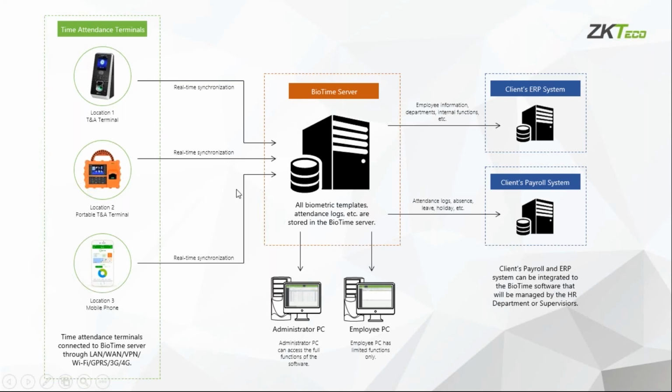We just need to include the server IP and port number. So if you have a public IP or dynamic address, you just put these options in the machines, and it will connect automatically. As I showed you, then you can change the area. So the system will be synchronized. And the employees can access it from anywhere using the server IP and port number, or the dynamic address or public IP.